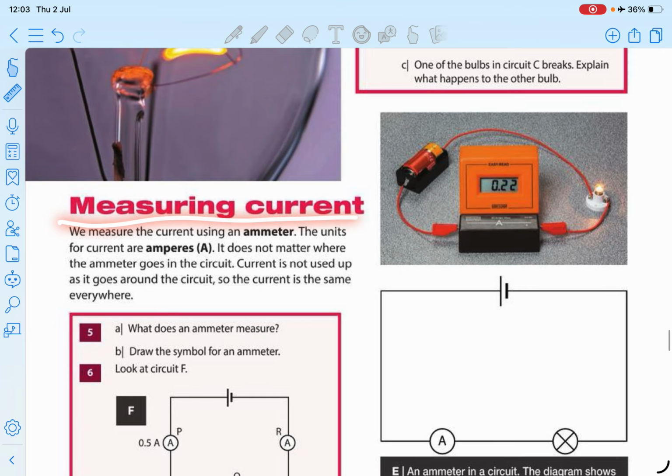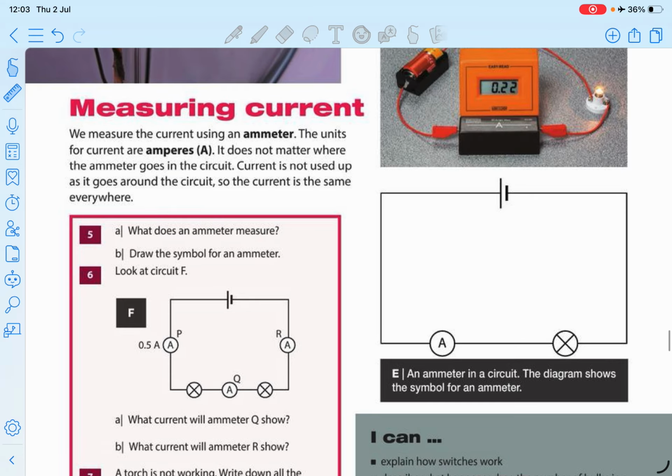Measuring current, there is the ammeter. What are the things you need to know? You have learned this before. We use an ammeter to measure current. The unit of current is amperes, capital A, and the ammeter is connected to the circuit in series.